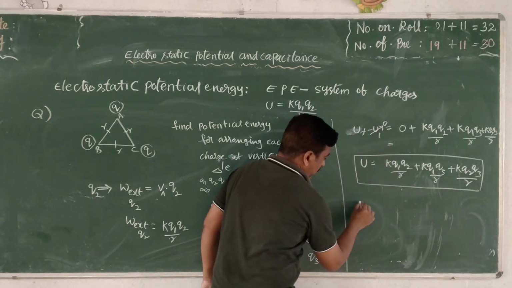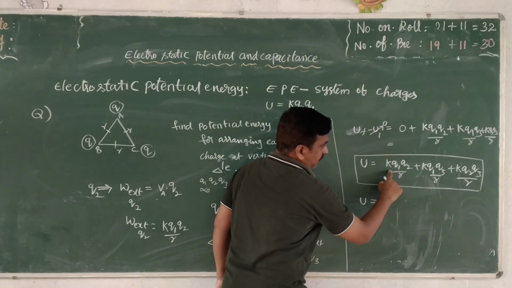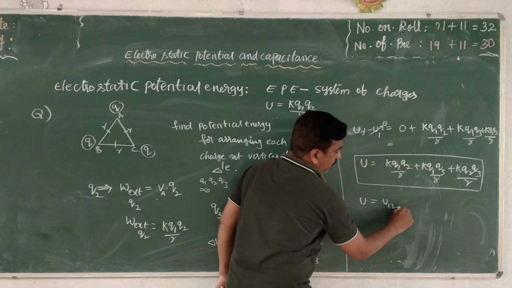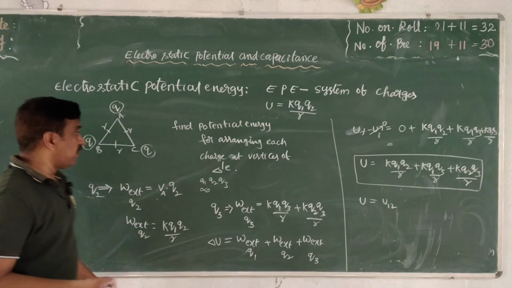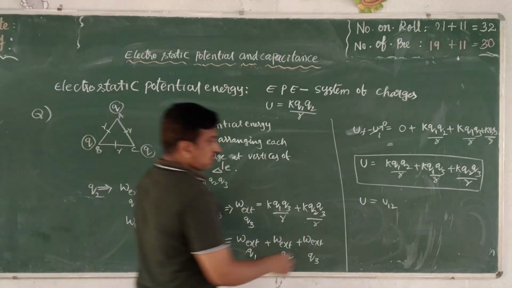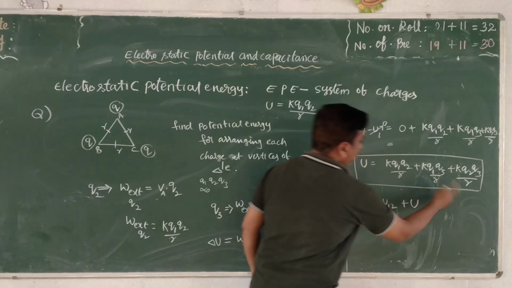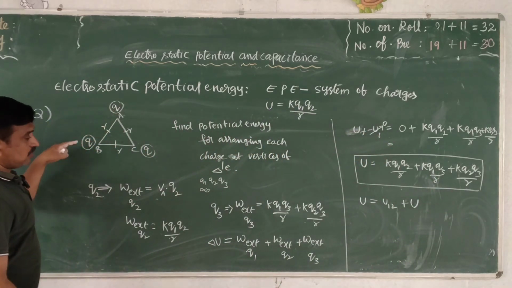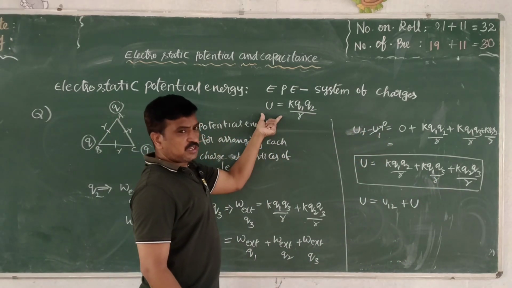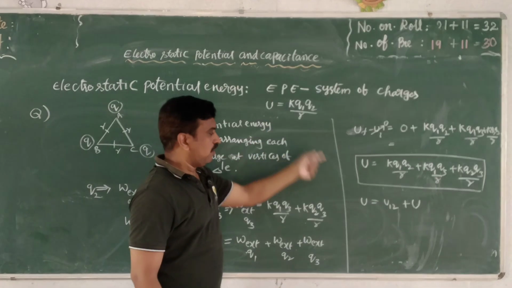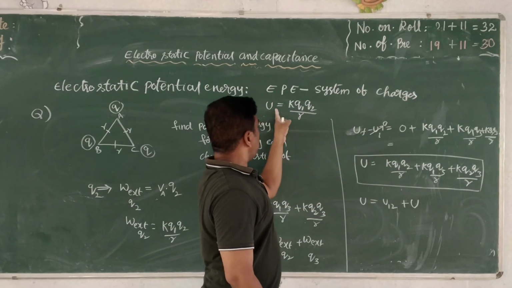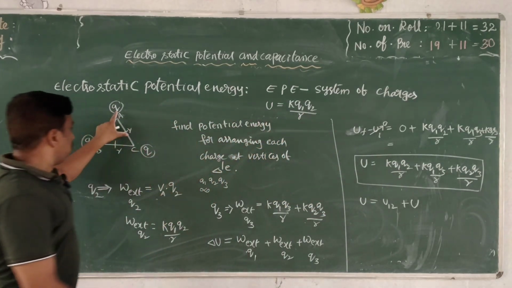This we can write generally as U12. Why? Because it is the potential energy for charges 1 and 2. Then we can write U13, potential energy for 1 and 3. Why? Because what is the potential energy formula? K Q1 Q2 by R, which means the potential energy between these two charges.